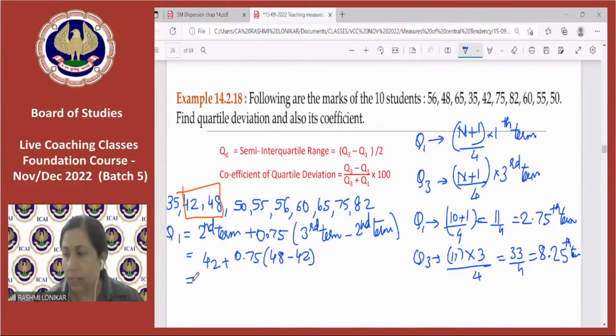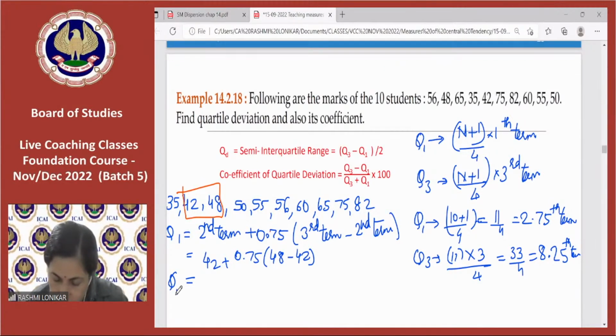Can you calculate and tell me what the value of Q1 is? Yes, Arshita says it is 46.5.